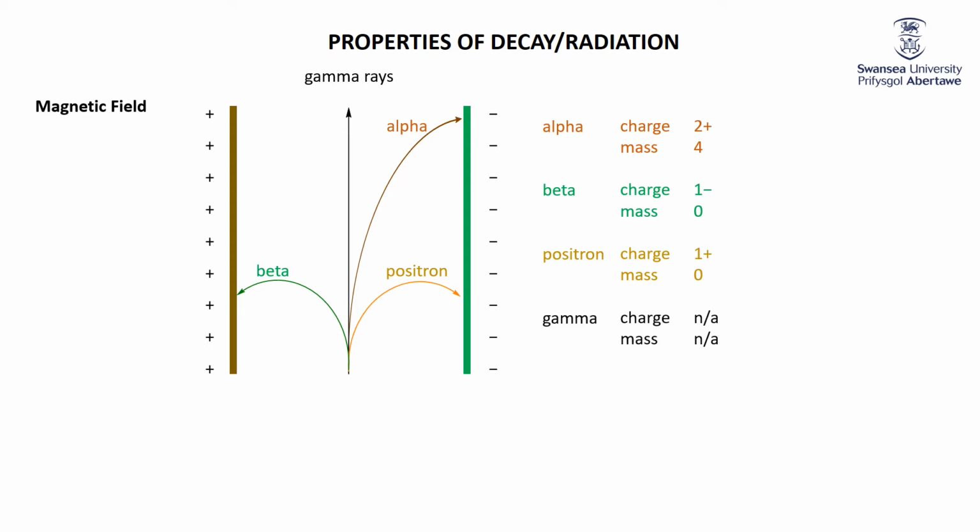However, it's also worth noting that while we haven't touched upon it yet, a very important particle that is produced by nuclear processes is, of course, the neutron. And neutrons in a magnetic field would pass straight through because they have a charge of 0. So that's the behavior in a magnetic field of alpha particles, of beta particles/electrons, and positrons.